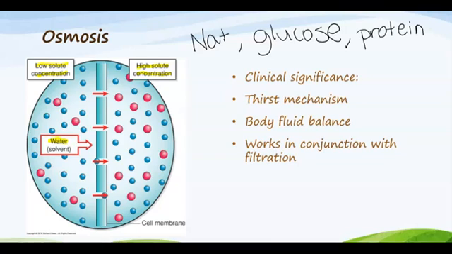These are examples of some of the solutes that exist. And sodium, this one here, has really the highest what we call osmotic potential. So that is the one that has the greatest affinity for water. So sodium is really going to be the one that attracts the water or pulls the water into the other fluid compartment.